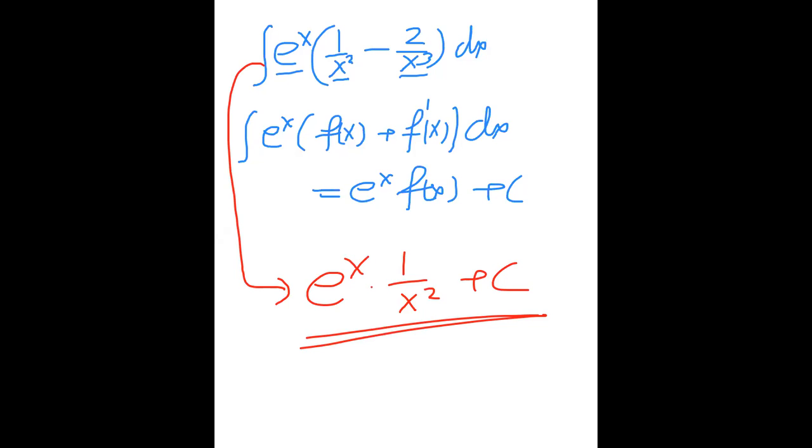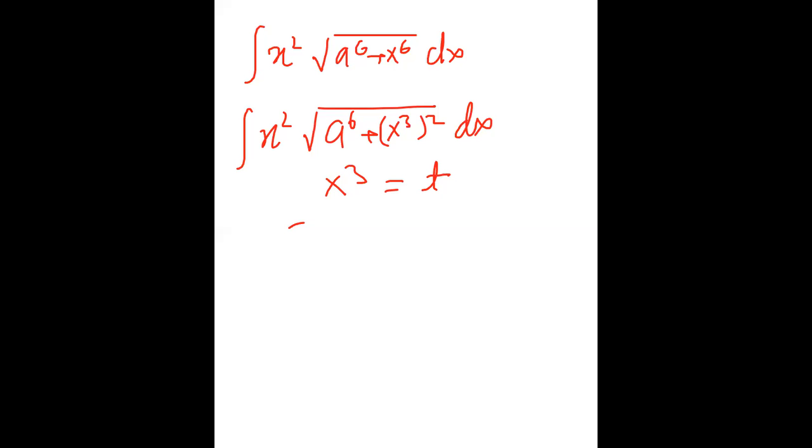Now one more we are going to do. This is the integral of x square under root of a to power 6 plus x to power 6. Take t equals x cube, so dt is 3x square dx, which will be equal to dt.